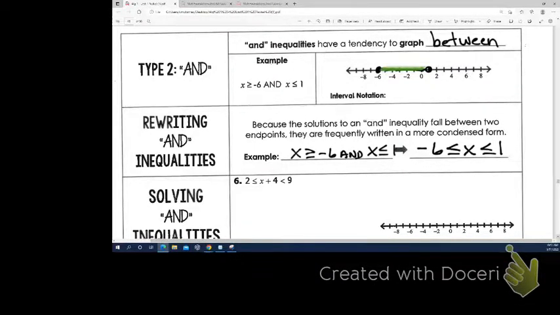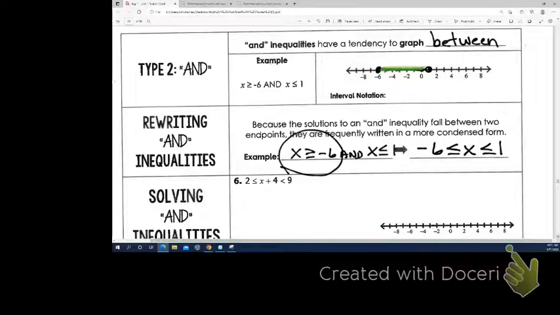Now, notice what had to happen when I squished that together. The x for that first part is on the other side, so the symbol followed the x. It's still open to the x. So when you see the x in the middle, it means x is between those two numbers. So x is between -6 and 1.